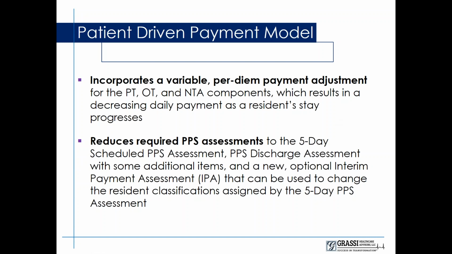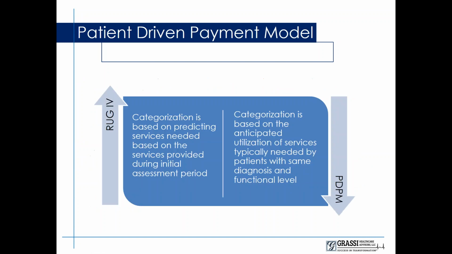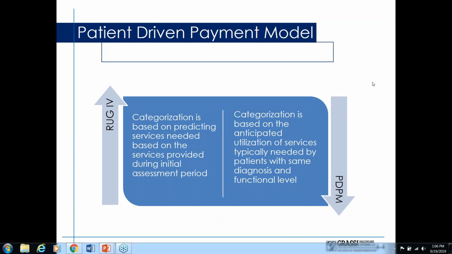But that's basically if someone has a change in status that you believe is going to change how the reimbursement is for that patient, you can complete that. So this slide shows the major difference. On the left, under RUG 4, the categorization was based on predicted services, based on what was provided in those first, basically the first week of patient stay.